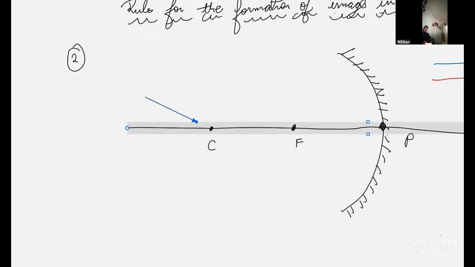The third law says that if a line is going through the curvature, then the line will have no deviation, but it will come back to the same point.